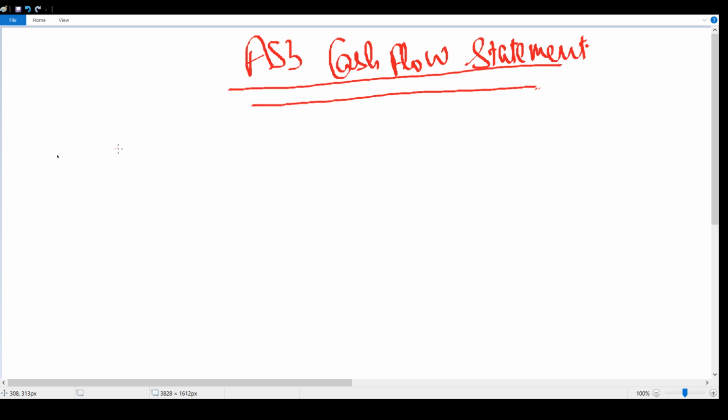Cash flow statement. See, first point is that our cash flow statement is our Accounting Standard number 3. It is mostly based on the cash concept of the profit.